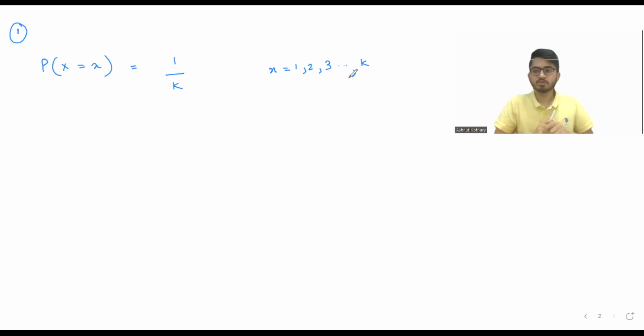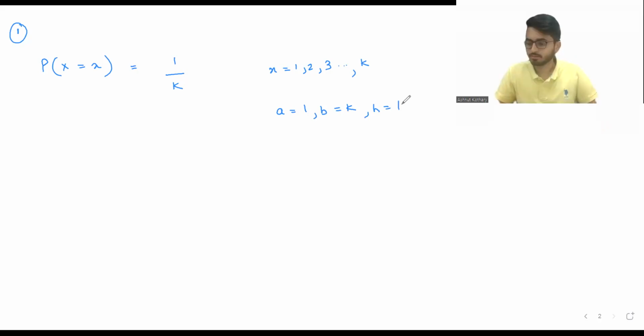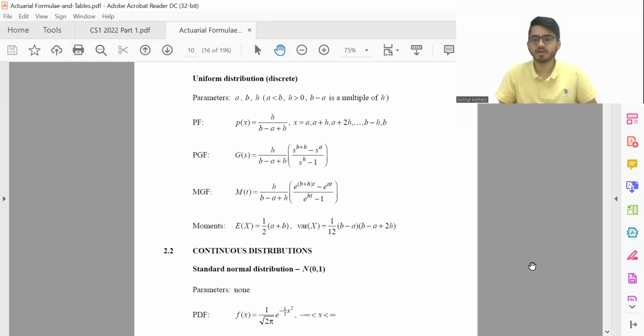If you want to relate this to what we have in actuarial tables, then my A will be 1, the starting value, my B, which is the ending value, will be K, and H will be nothing but 1. Now if we relate to the probability function, H is 1, so in the numerator we have a 1.